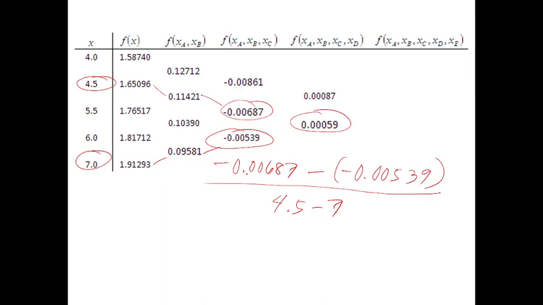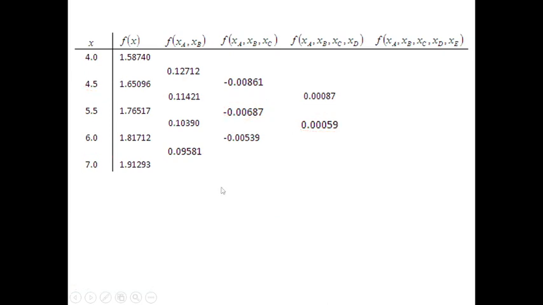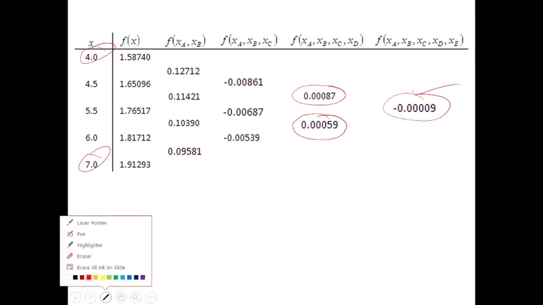So that's it. So then we get 0.00059. Then the last, the fourth order divided differences, we have negative 0.00009. That is simply 0.0087 minus 0.0059 all over 4 minus 7. Then we get this answer. I hope you get it.